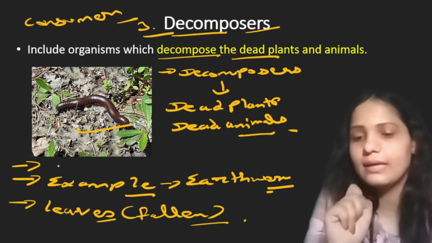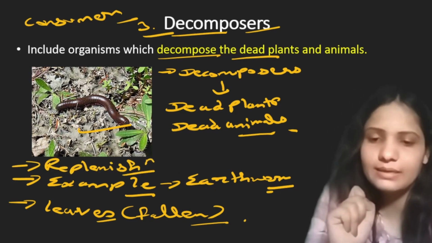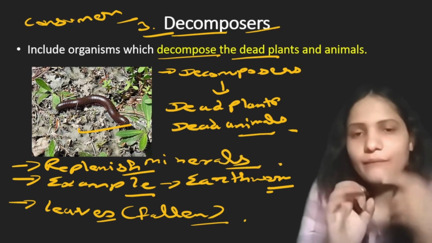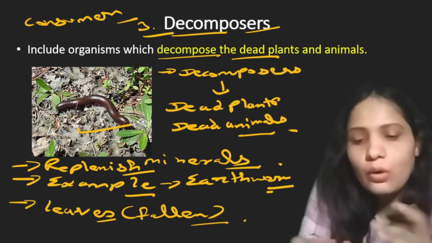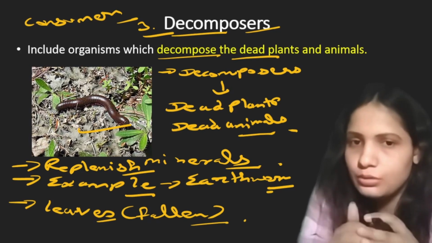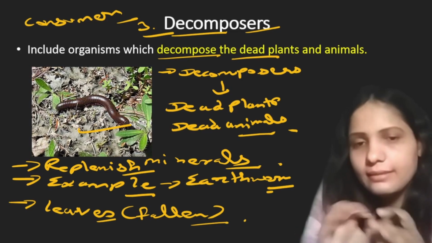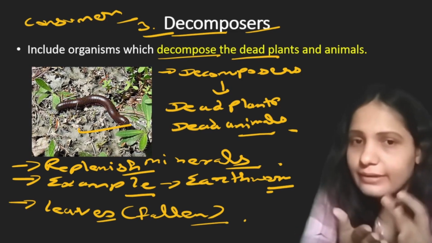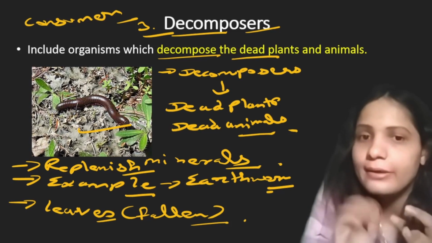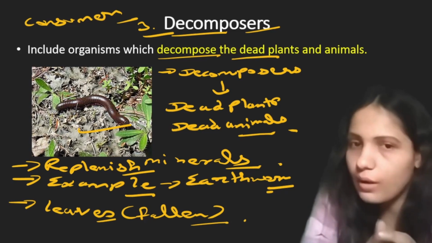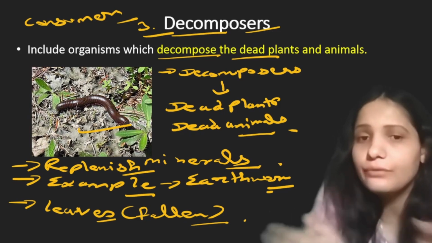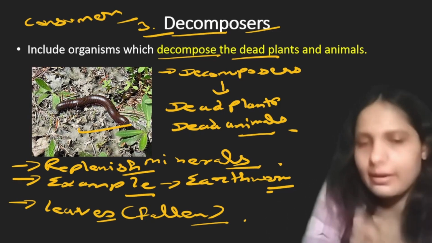The other thing is they replenish minerals back into the soil. When they feed on dead animals, they take a part of that dead thing as their food, and the remaining part they degrade into minerals. Those minerals are absorbed by the soil or plant roots, and are sent back to the ecosystem by plants.